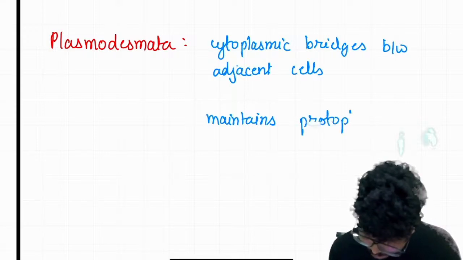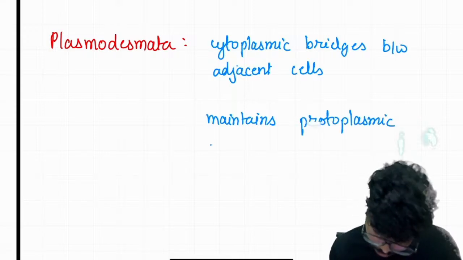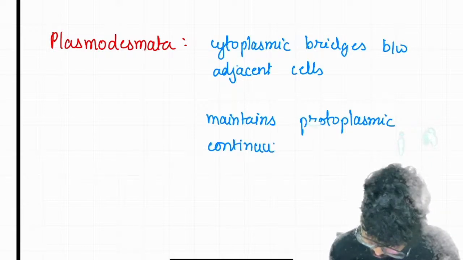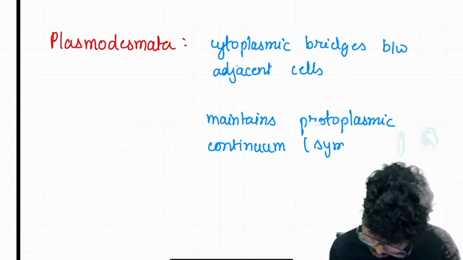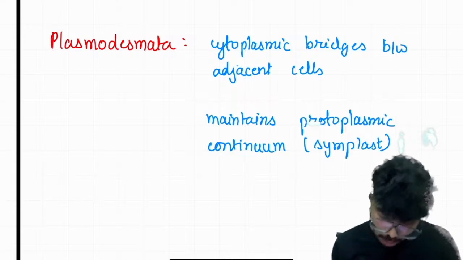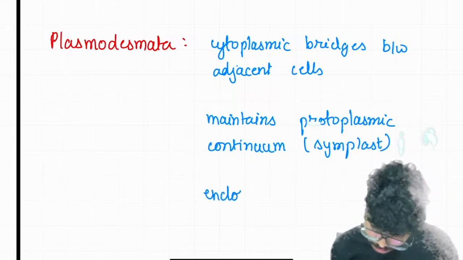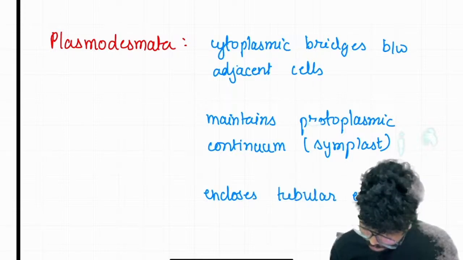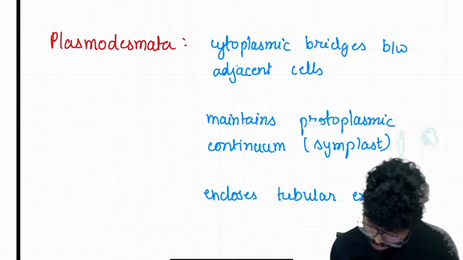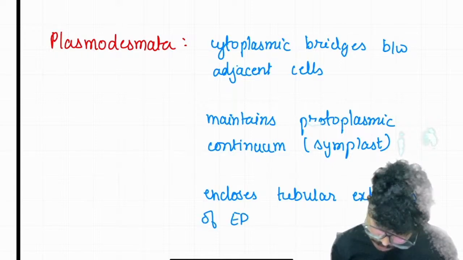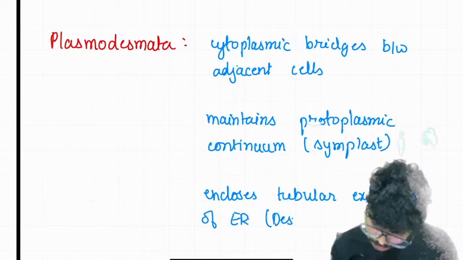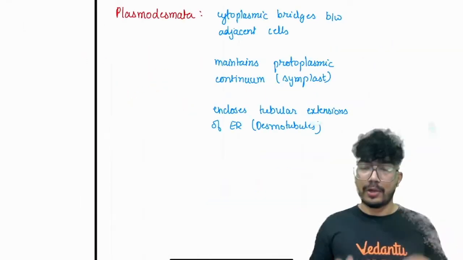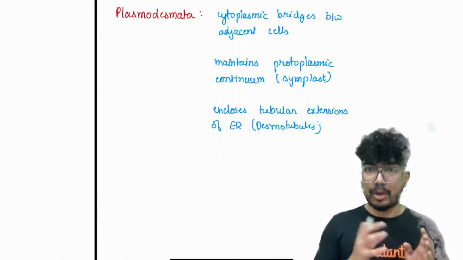And it also encloses tubular extensions of endoplasmic reticulum, which are known as desmotubules. Correct? We are done with the very first structure, that is the cell wall and plasmodesmata.